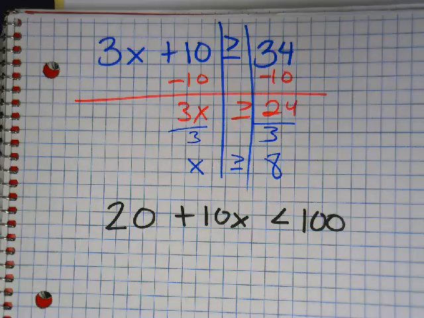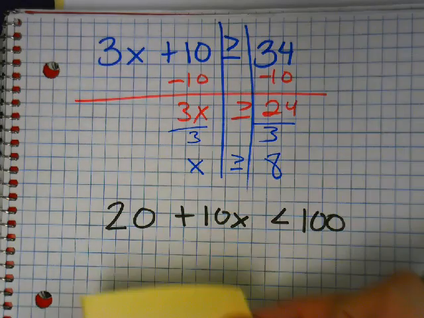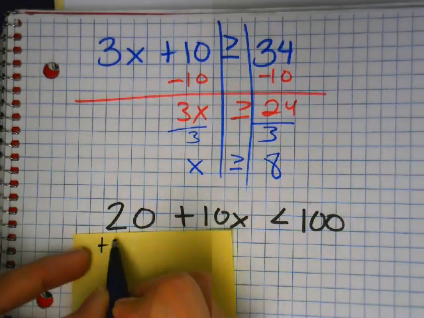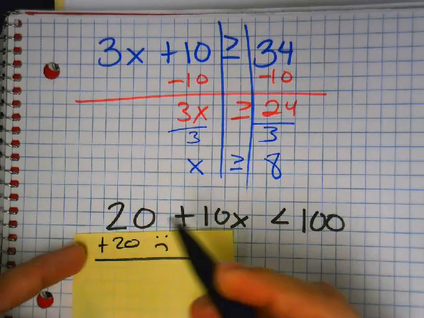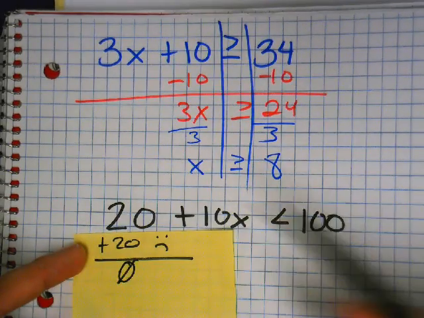Move the 20 first. How do I make 20 become a 0? Not negative, I mean minus. Minus 20. Here's your x. Don't touch it, too close. This guy first. How do I make it disappear? Let me make a mistake. If I do plus 20, does 20 plus 20 give me 0?